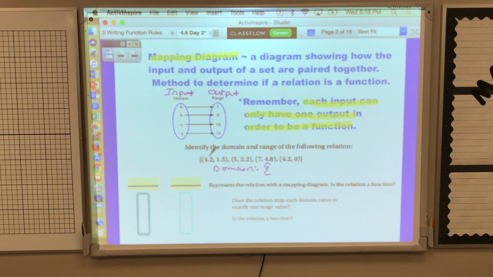Here's an x, here's an x, this is an x, and this is an x. The ordered pairs are x, comma, y. The first number is always your x, and the second number is always your y. So x is our domain.